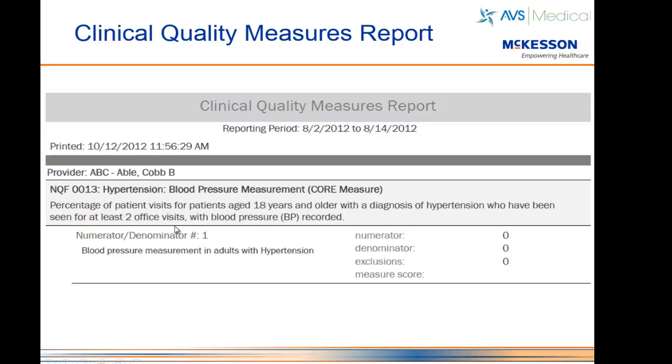By the way, this statement, seen for at least 2 office visits, is why very often your CQM report is low, particularly if you're doing your 90-day attestation and not the year-long attestation, because a lot of times you don't see patients twice during a 90-day period. It's a little different for a 12-month reporting period, but for the 90-day, that's why oftentimes those are set very low.